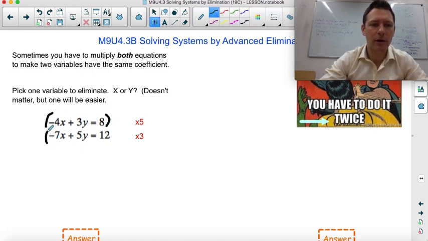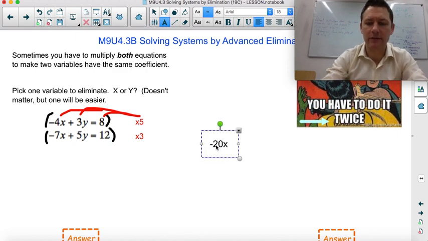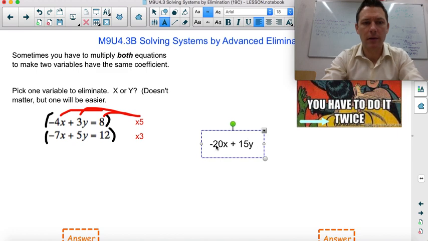I'm going to packet this one up, packet that one up. I'm going to multiply this all by 5. Multiply by 5, multiply by 5, multiply by 5. That'll be our top equation. So multiply by 5, you get negative 20x plus 15y equals 40.